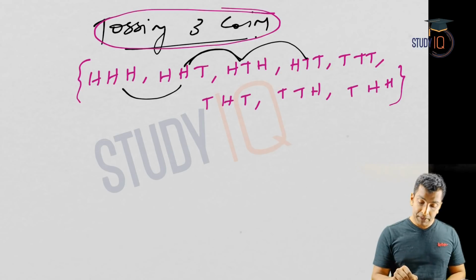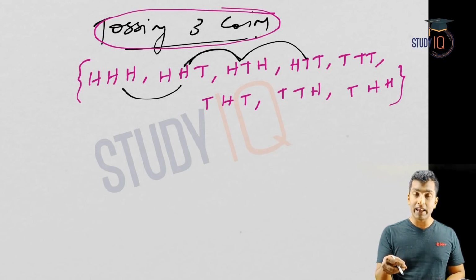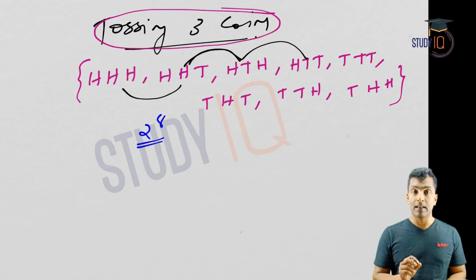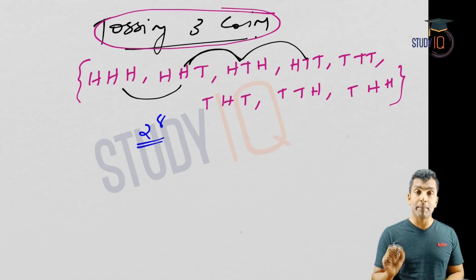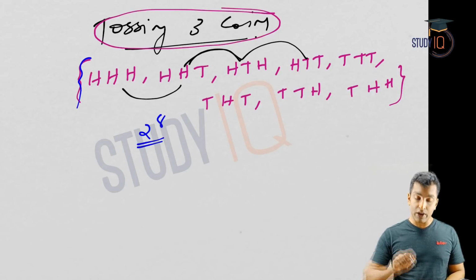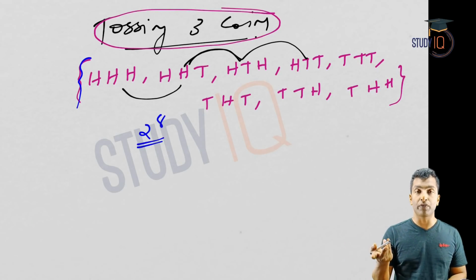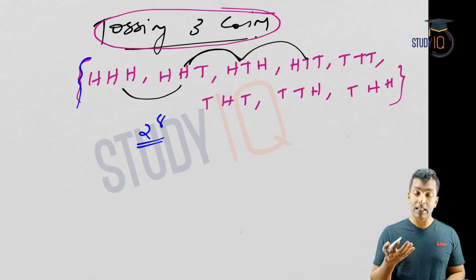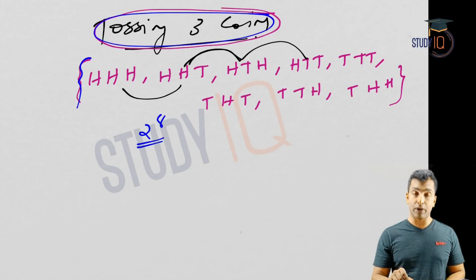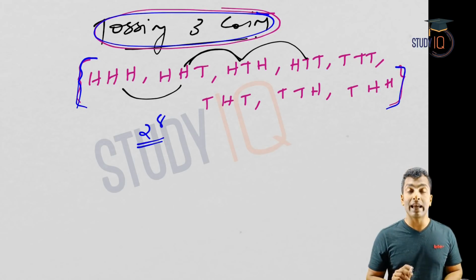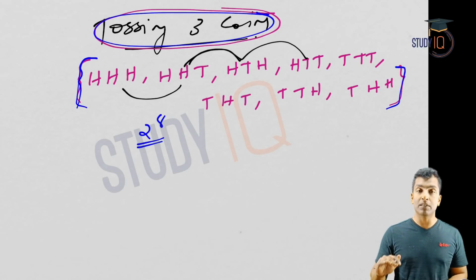And I told you, since there are 8 elementary events, 2 raised to 8 is actually the number of subsets. That means the actual number of events in this case when you're tossing 3 coins is 2 raised to 8, which is equal to 256. So those many events are possible when you're tossing 3 coins, out of which 8 events are given like this. These are the elementary events, which are the possible outcomes.